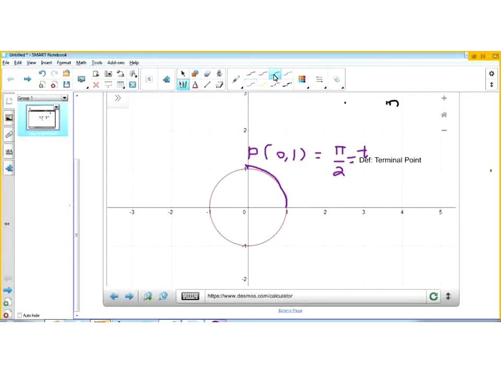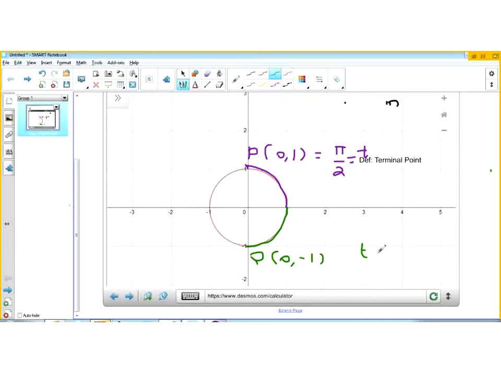Okay? If I ask you what is the terminal point for negative pi halves, you'll start at the point 1, 0, and you'll walk along the unit circle for negative pi halves radians, and you'll end up here at point Q, which is 0, -1. All right?